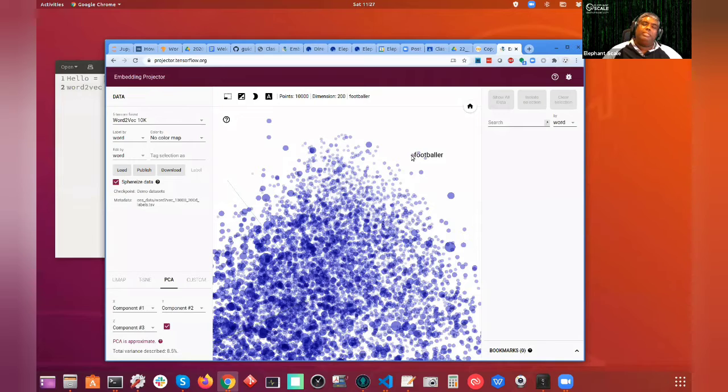Makes sense, because these are athletes, or professional sports. And then here's hockey, here's football, pianist, wrestler. By looking at these words, you can see this is pretty cool. Coach. This area represents people's professions.